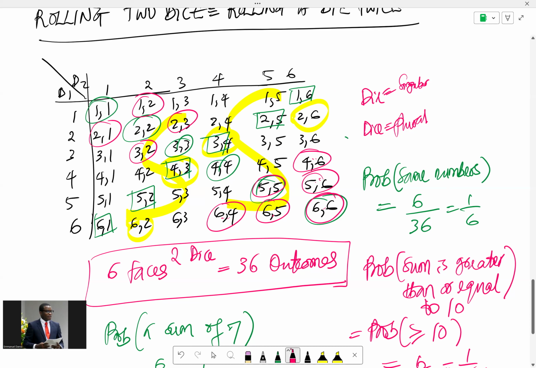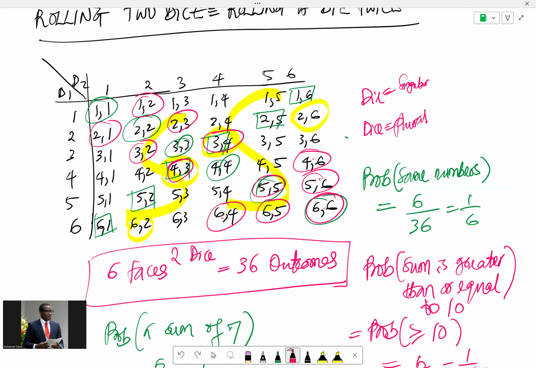Then 2 3, 3 2, then 4 3, 3 4, then 5 4, 4 5 will give you a difference of 1.